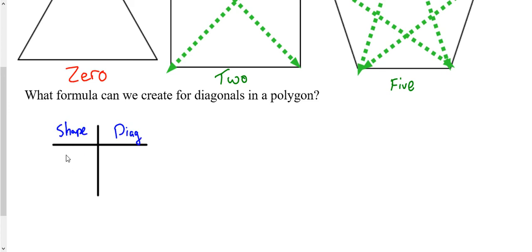If our shape was a three-sided shape, four-sided shape, or five-sided shape, we'd have 0, 2, and 5. And the question here is, how can we relate these two together? Well, an equation we could write down is something like this. We're connecting any two points, so that's going to be n choose 2, with n representing the number of sides.